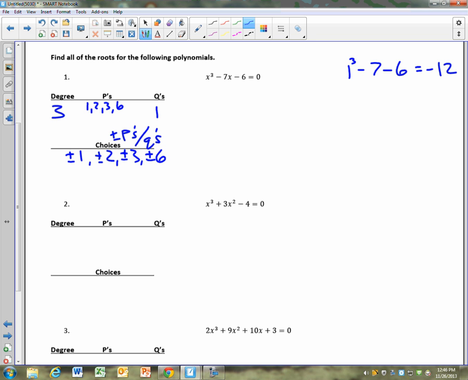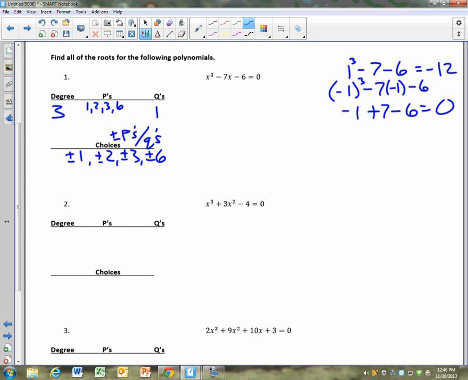Negative 1 would be another good number to try. How about negative 1? Sounds good. So negative 1 to the 3rd is negative 1. Negative 7 times negative 1 is positive 7, minus 6. What does that give you? 0. So we found one that works.